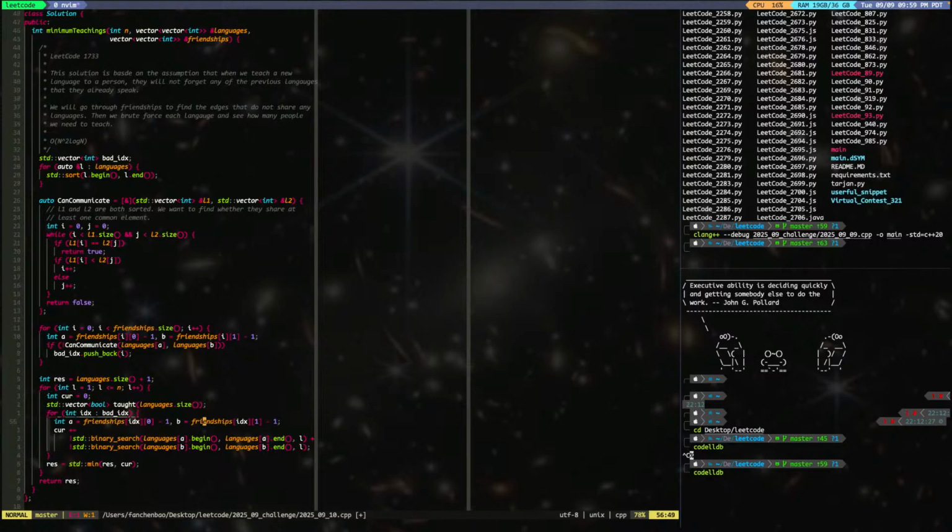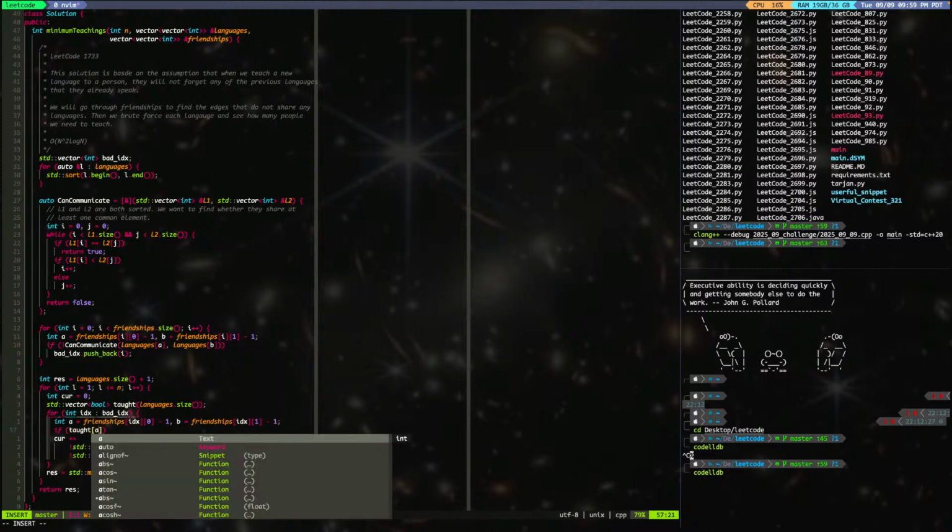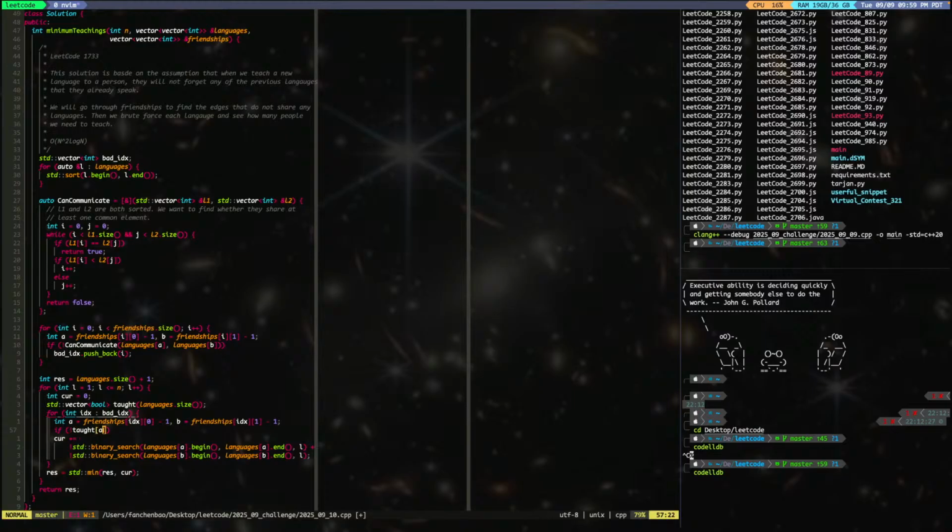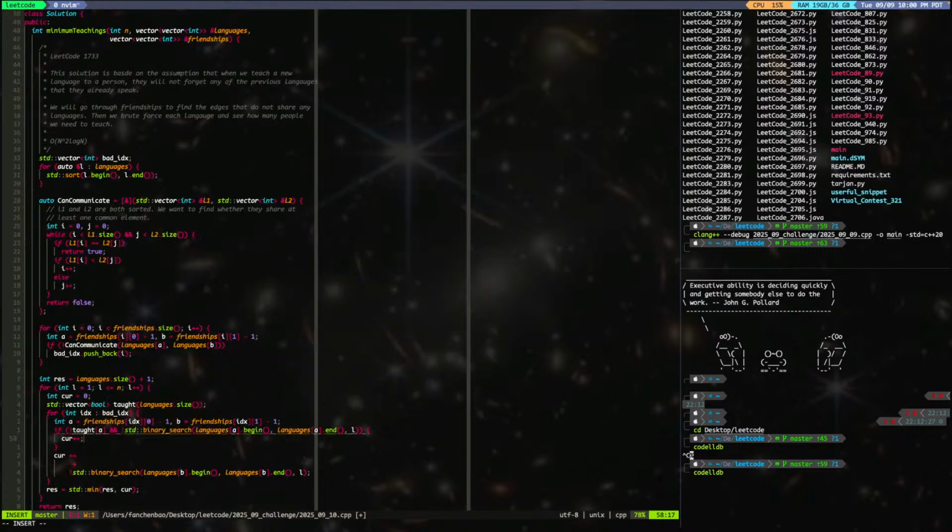So we have A and B, and then we say if not taught A, if we haven't taught A, and it needs to be taught, then we do current plus plus and taught A equal to true.